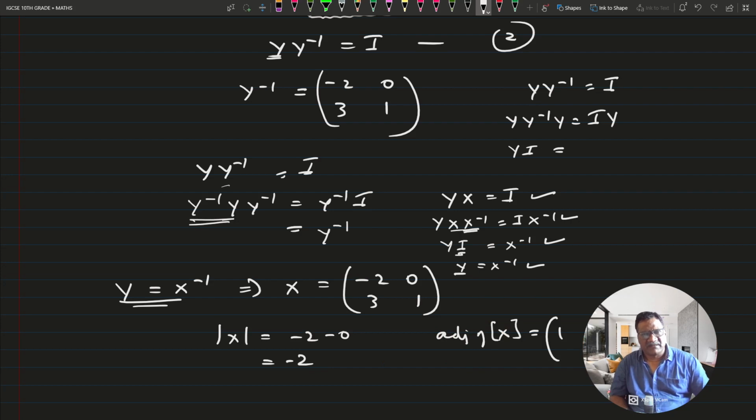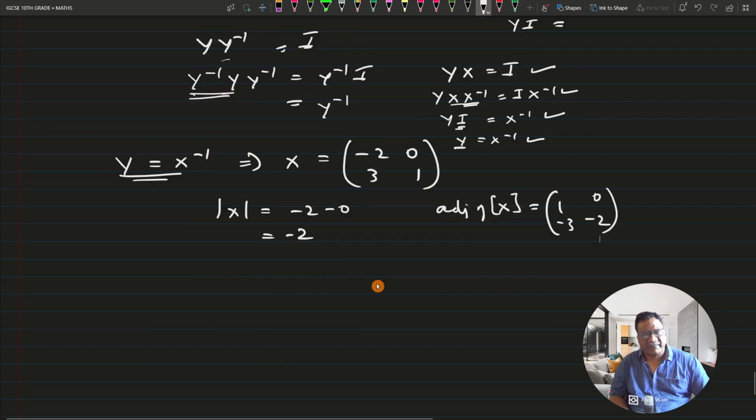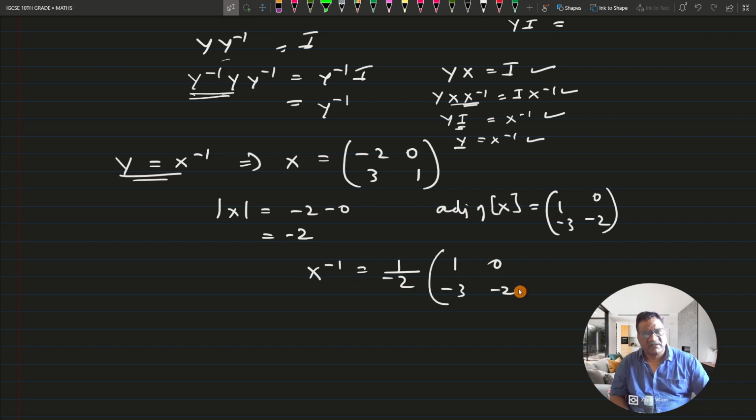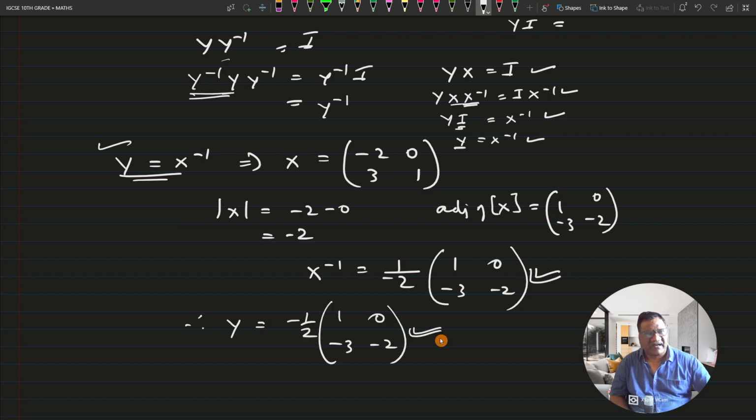So your x inverse will be 1 upon the determinant of x, that is minus 2, times the adjoint of x, which is 1, 0, minus 3 and minus 2. Now this is your x inverse, and your x inverse is nothing but your y. So y is equal to minus 1 upon 2 times 1, 0, minus 3, minus 2. This is the answer for your question number 17.